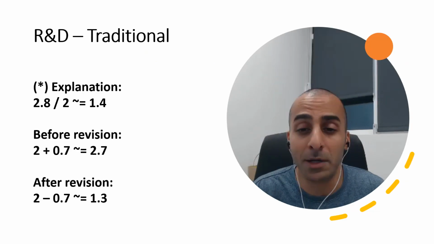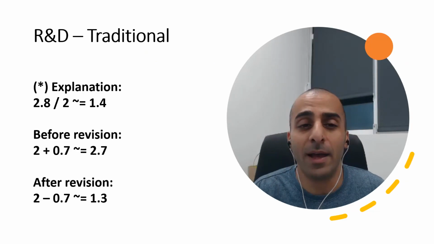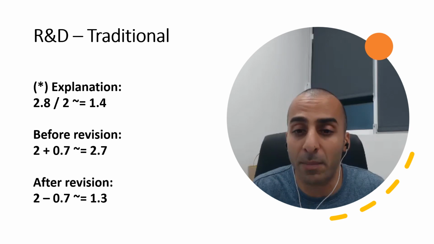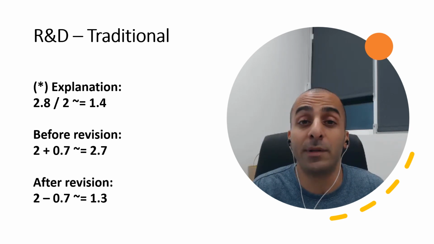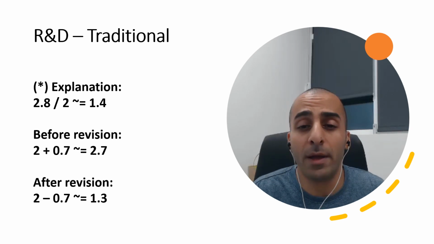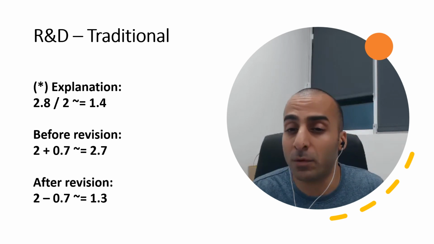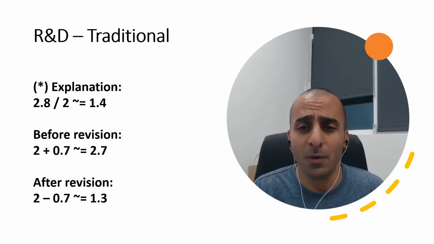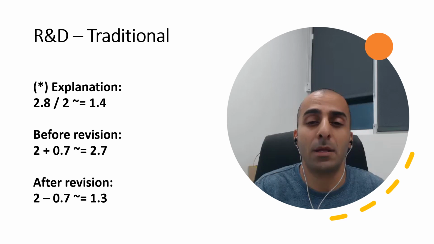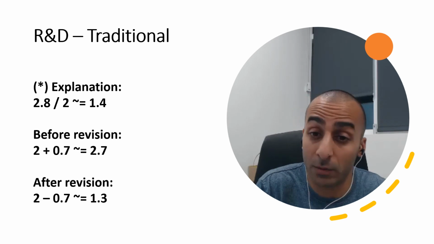And as promised, I know that all of you waited, the explanation of why those numbers are set for the revision. Before the revision, it is roughly 2.8, and when the revision hits, it is cut in half to 1.4.